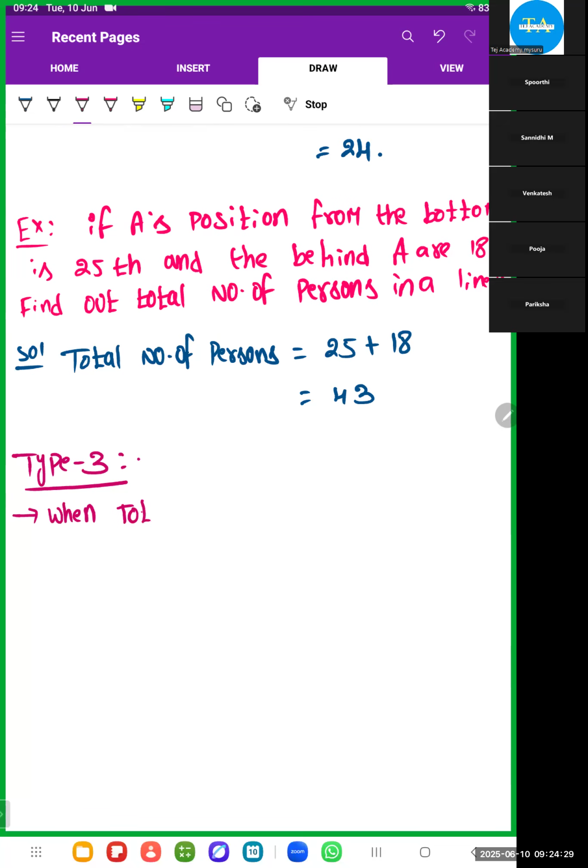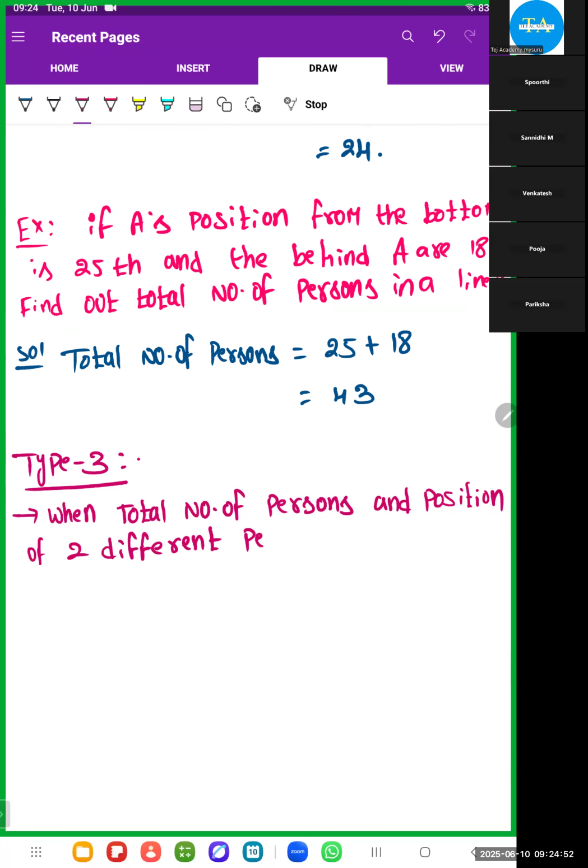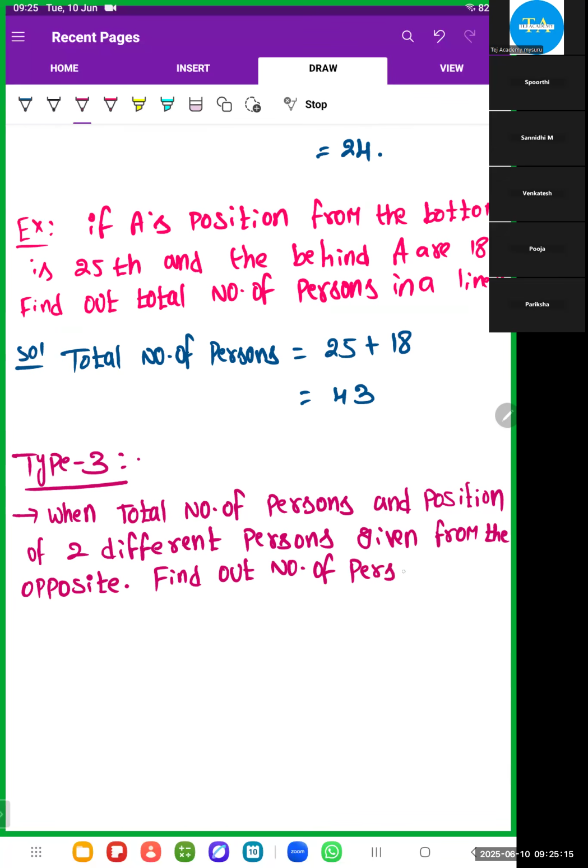So type 3 is when the total number of persons and the positions of two different persons are given from the opposite sides, and we have to find out the number of persons between these two people.